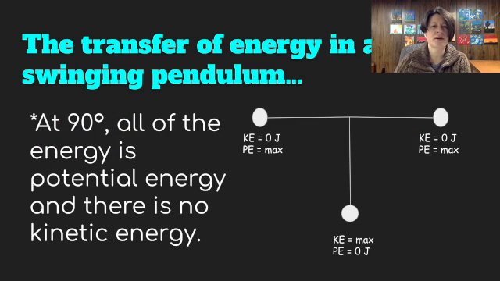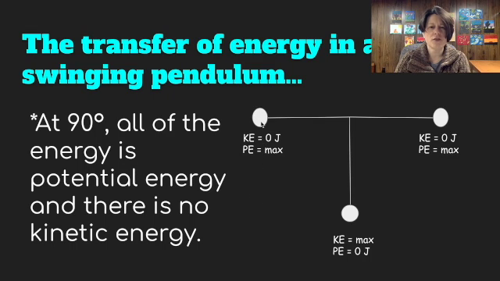And finally, let's talk about the transfer of energy in a swinging pendulum. There's a lot going on here, so make sure you fill in these values, and let's talk about them. So, at 90 degrees, all of the energy is potential energy and there is no kinetic energy.